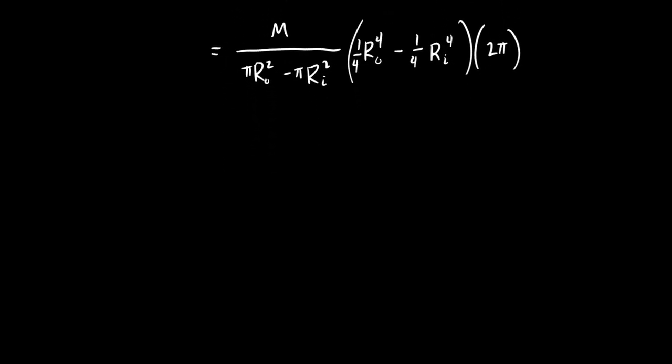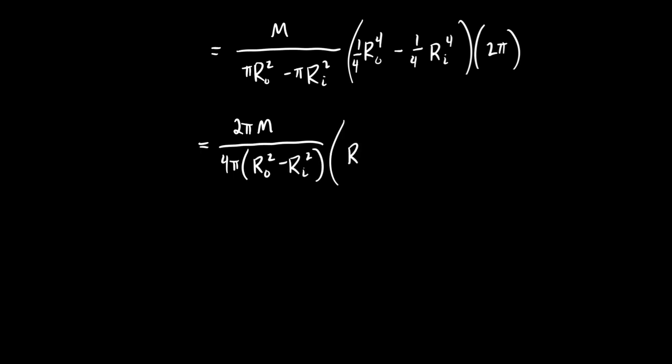Just doing algebra here. And I'm doing more algebra steps than I would like to, but let's see, this will be 2 pi m over 4 pi times r outer squared minus r inner squared, all times r outer to the 4th minus r inner to the 4th.